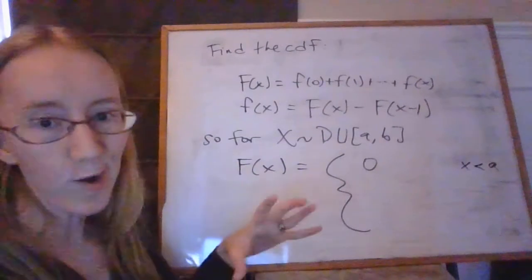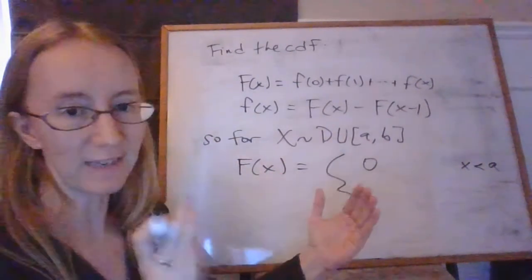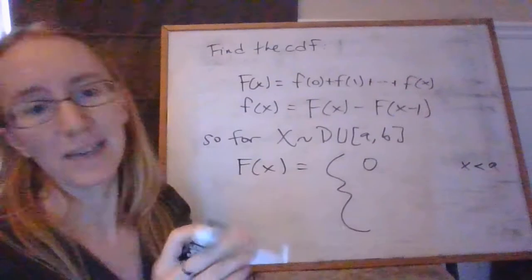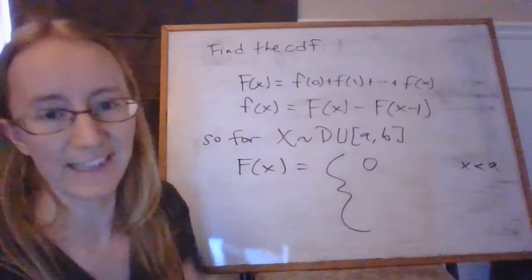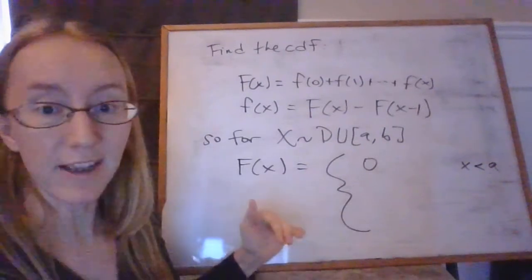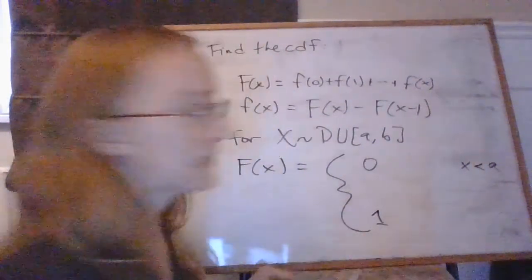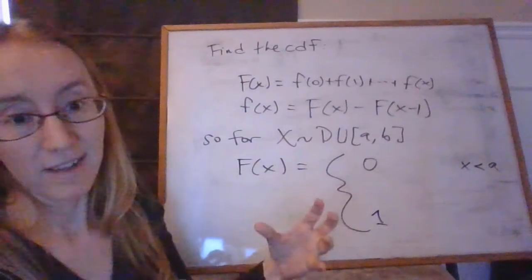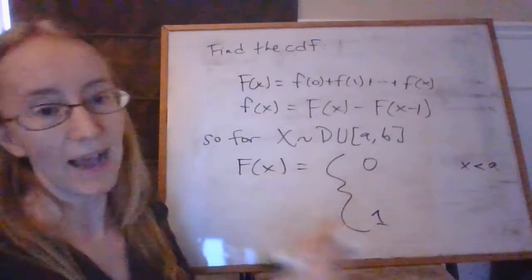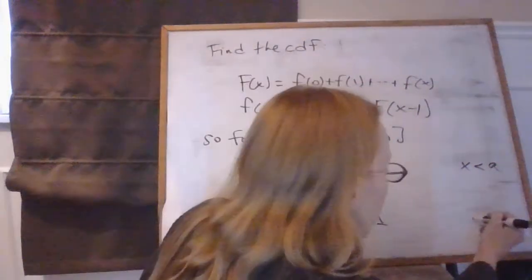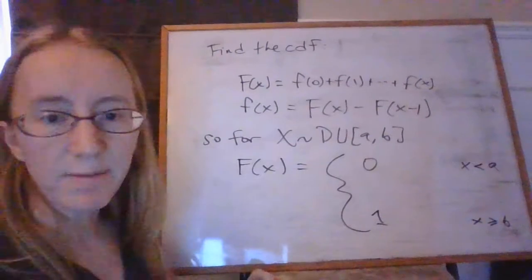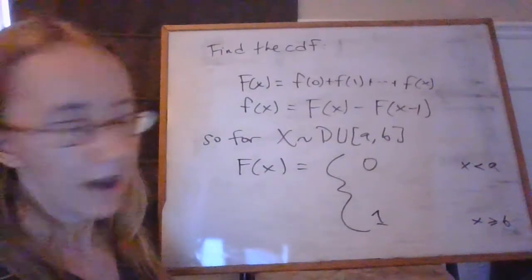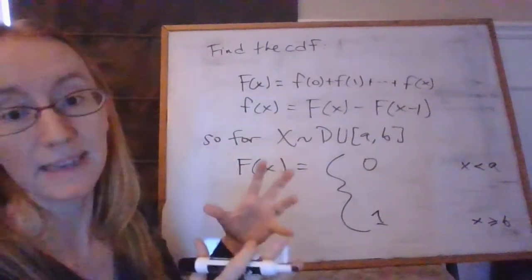There's no way a uniform random variable whose smallest value is a can be less than or equal to anything strictly less than a. Can't happen. Similarly on the other end, once we get to b, then for sure the variable is going to be less than or equal to its maximum value. So it's going to equal 1 if x is greater than or equal to b. So the only thing we really need to focus on for this cumulative distribution function is what happens in between.